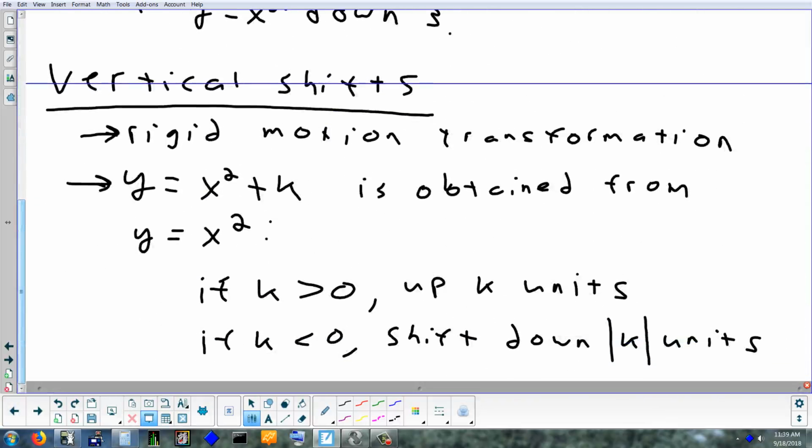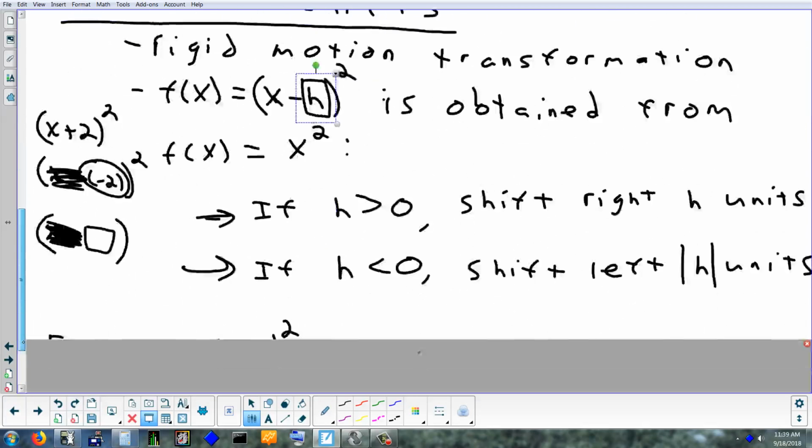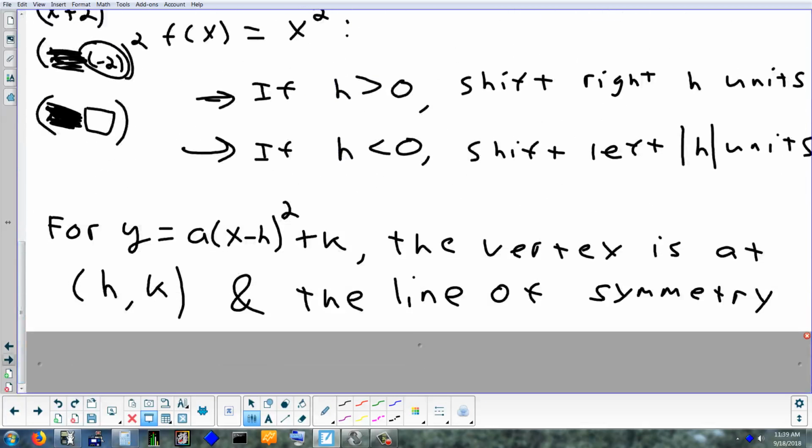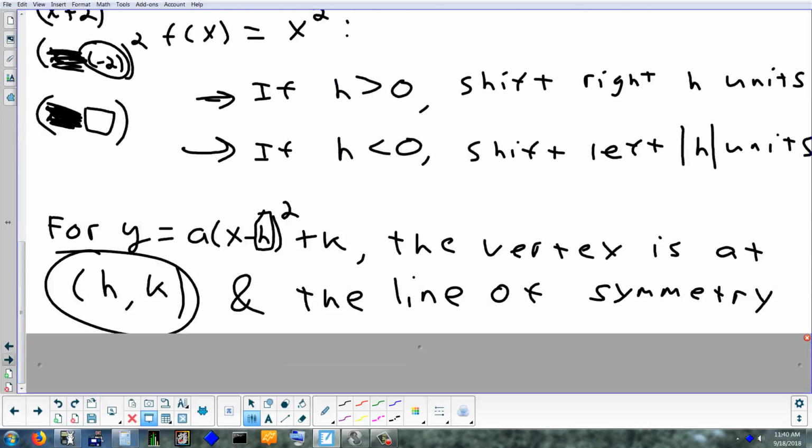K, the way I labeled them, controls shifting up and down. So if you want to find your vertex after you've done a shift, it's h comma k. H is the number after the minus sign. K is the number at the end.